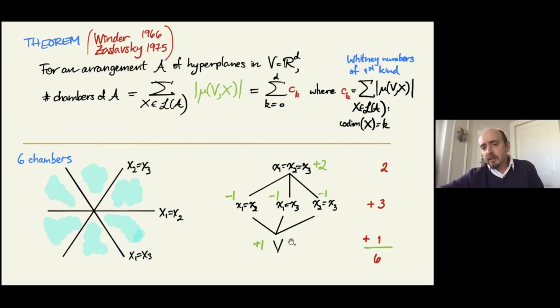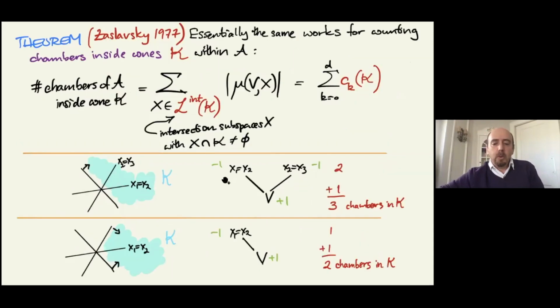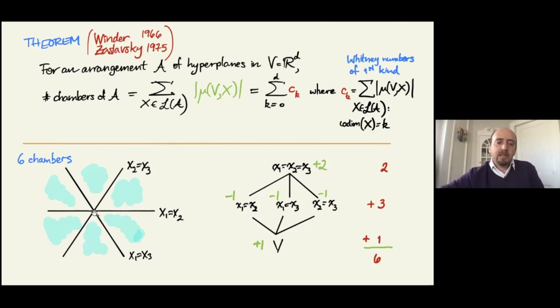Here's the intersection lattice. You have the R2 at the bottom, you have the 3 hyperplanes at this rank, and then the origin, which is the intersection of all 3 hyperplanes, is at the top, okay?